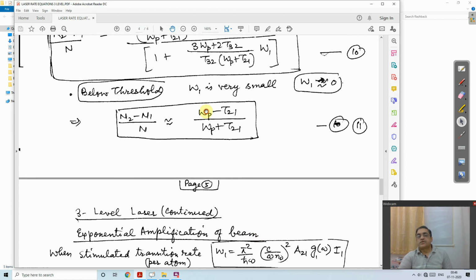This is the threshold, this is the pump rate for stimulating atoms, and T21 is the rate of spontaneous transitions, that means during the laser action.